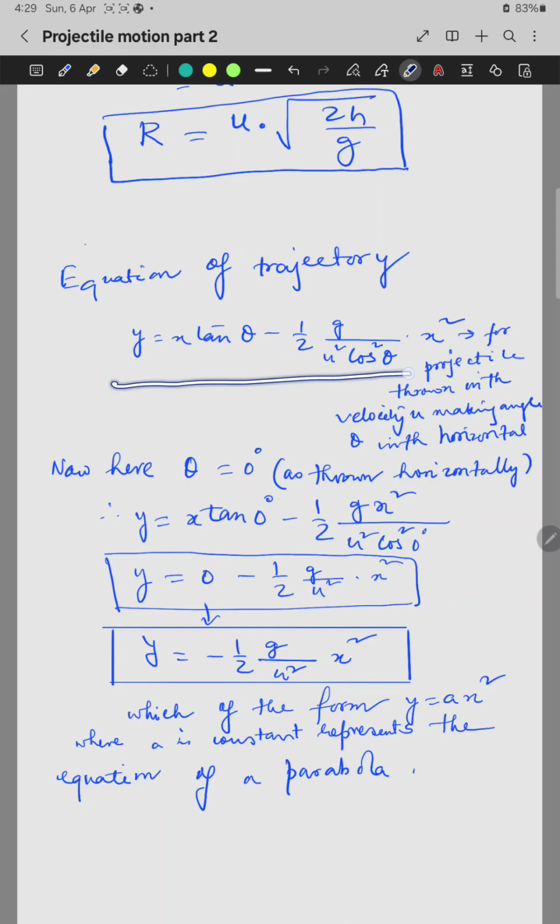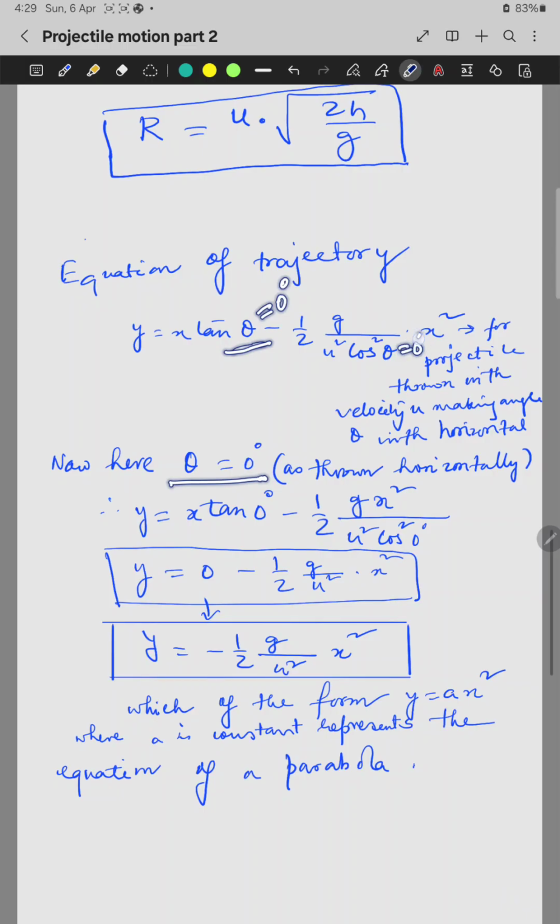If you remember, the equation of trajectory was y equals x tan theta minus half g x square by u square cos square theta. Now in this equation, we put theta equals 0, because here the velocity is not making any angle initially.